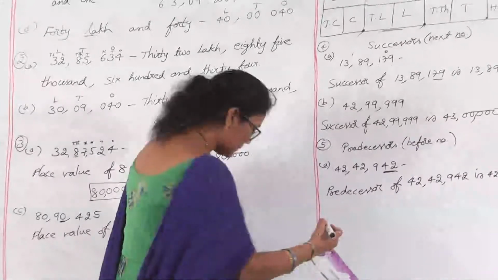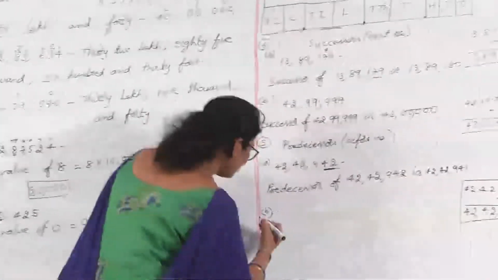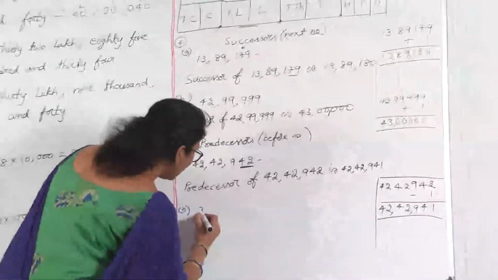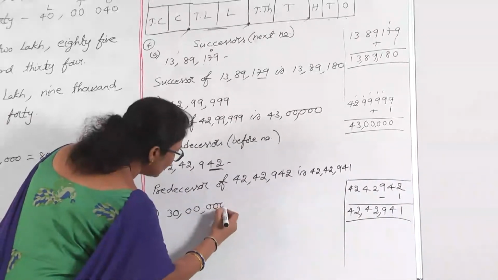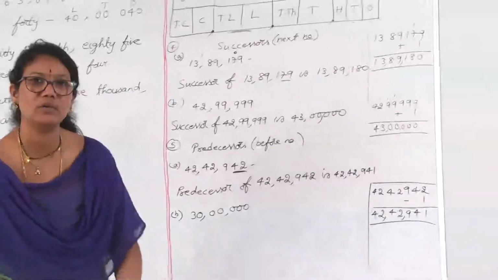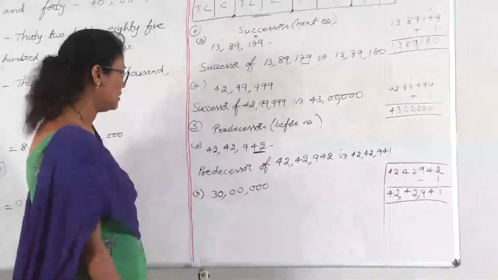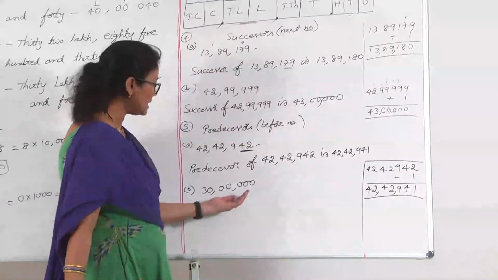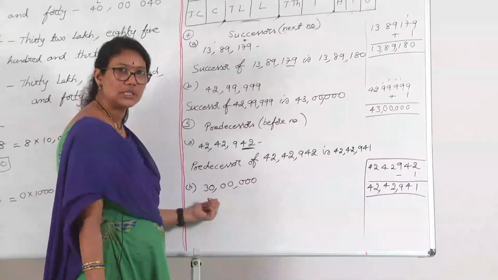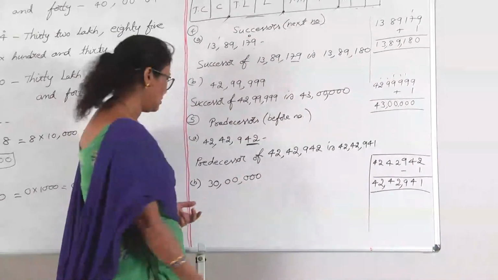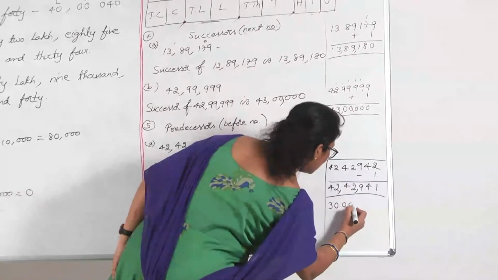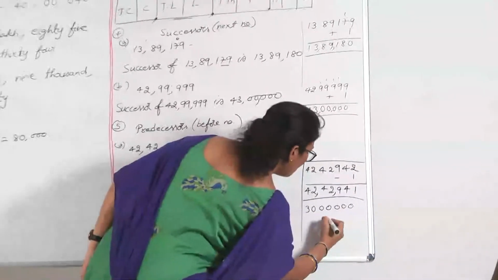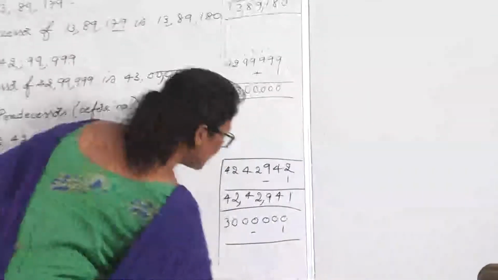One more bit in this, B. It is given simply as 30 lakh, and we are asked to write the predecessor of this 30 lakh. As there are many zeros in this, better you go for subtraction of 1 from the given 30 lakh. So it is 30 lakh minus 1, right children?